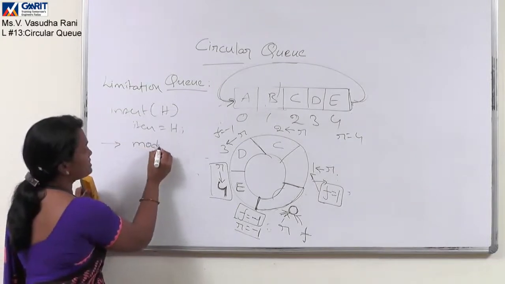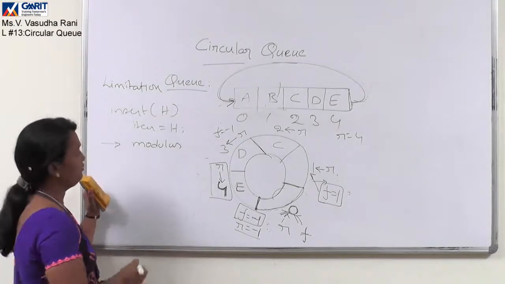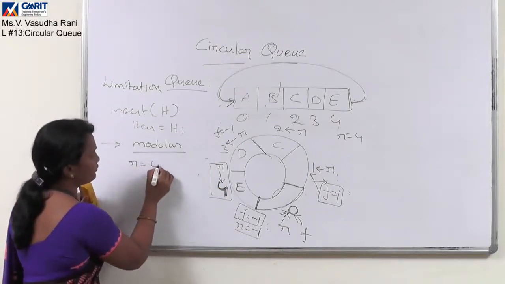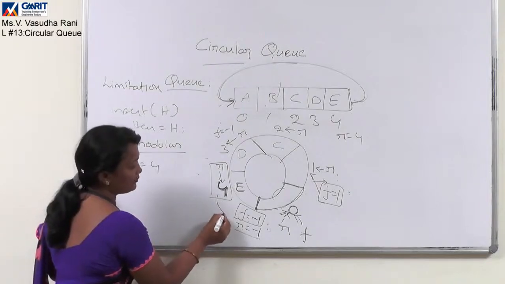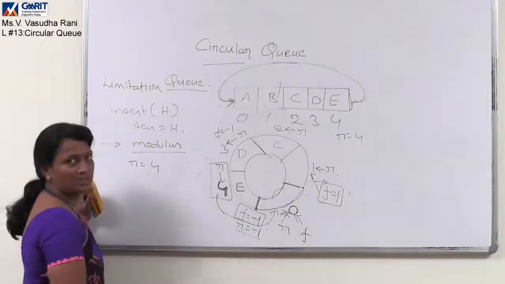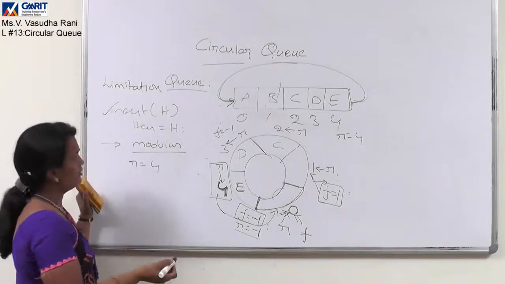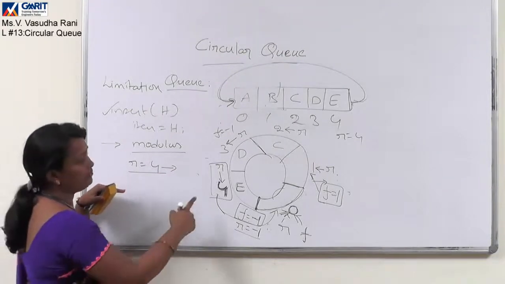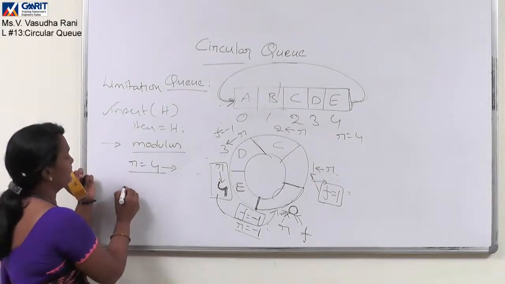Here, in order to solve that problem, what we have to do is go for using the modulo operation. Once r reached 4, our intention is to make r in the next insert operation refer to 0. So if insert is called the next time and r is already referring to 4, this time we have to make this 4 become 0. That is possible.